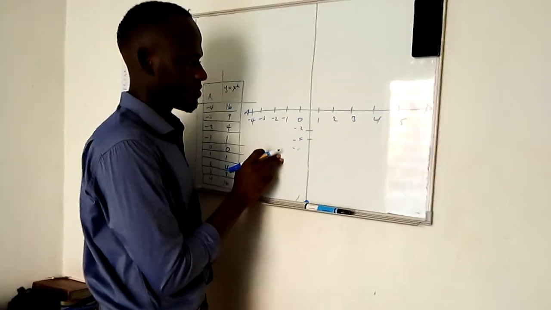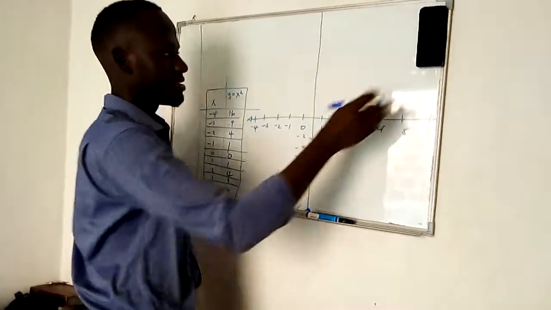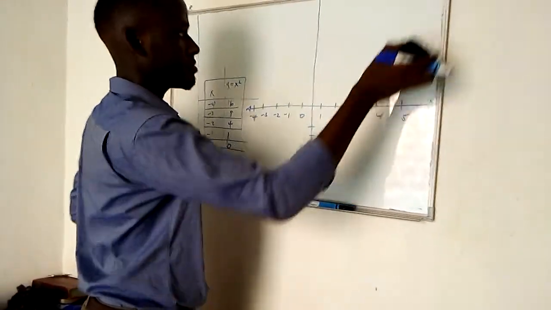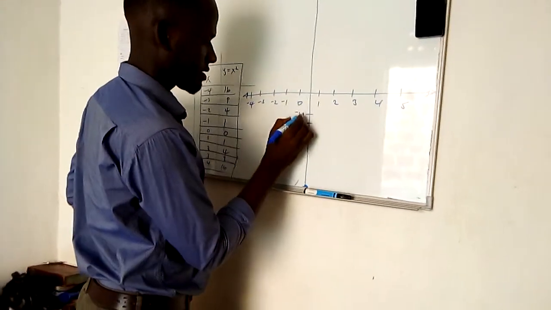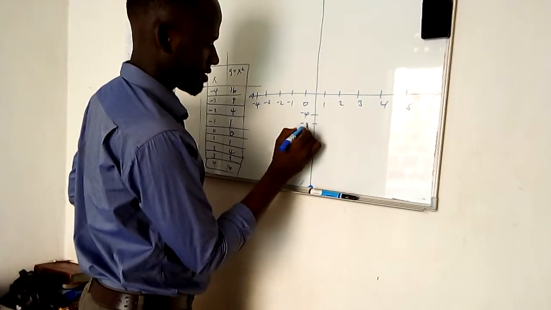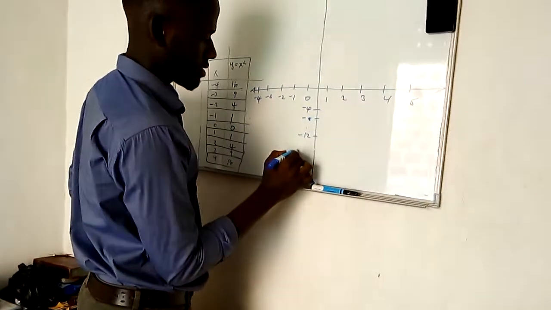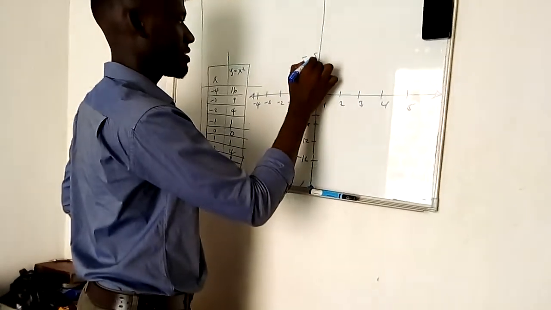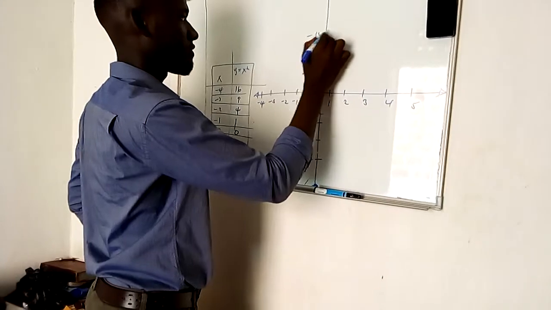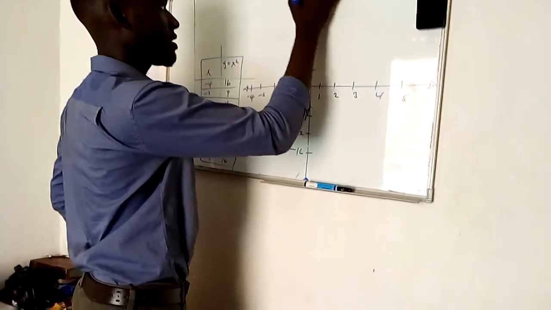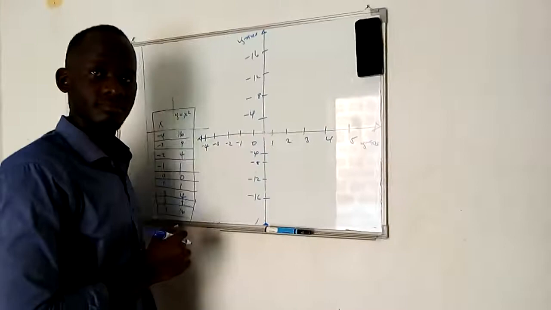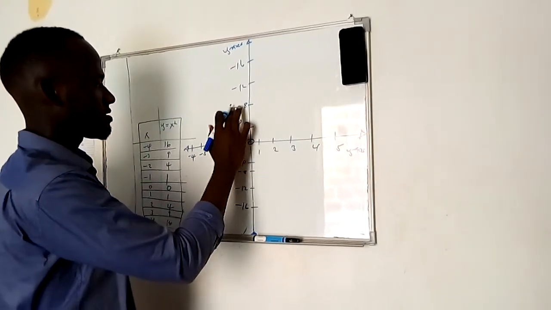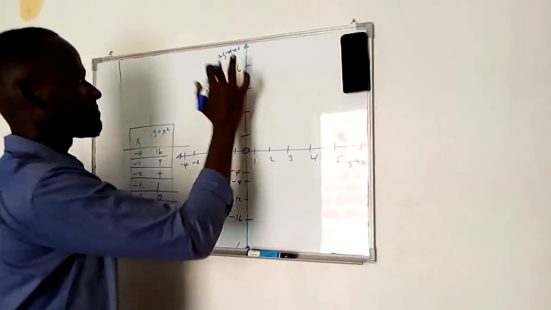If I use the scale of 4, this would be -4, -8, -12, -16. This is the y axis. Oh, sorry. So this is positive. This is the positive side.